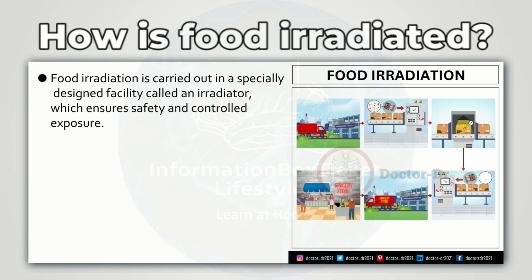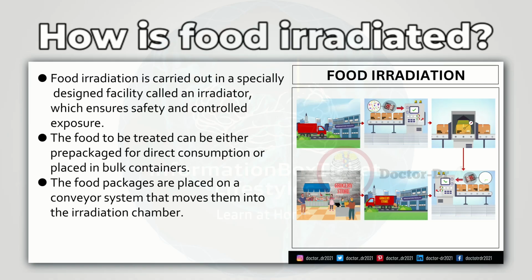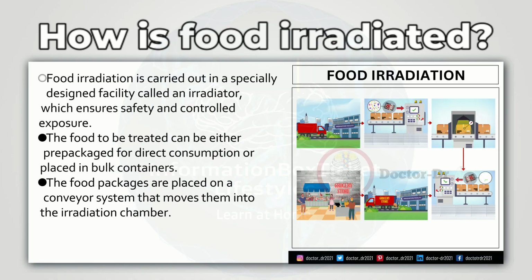Food irradiation is carried out in a specially designed facility called an irradiator, which ensures safety and controlled exposure. The food to be treated can be either pre-packaged for direct consumption or placed in bulk containers. The food packages are placed on a conveyor system that moves them into the irradiation chamber.